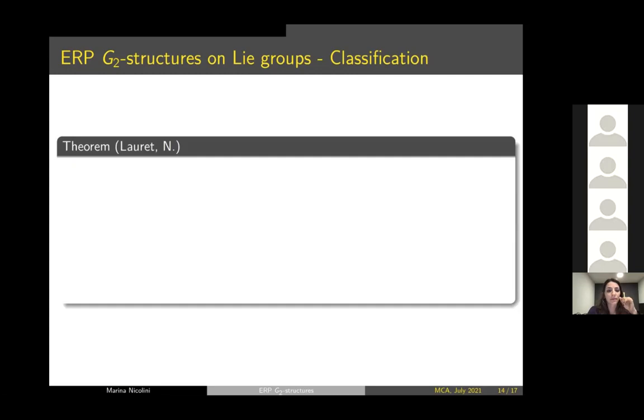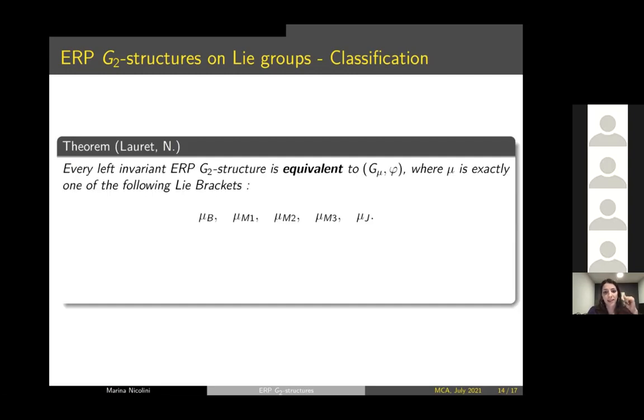And we proved that every left-invariant ERP G2 structure is equivalent to one of the five examples I mentioned above. So this is the Bryant example, the Lauret examples, and the three new examples that we found.